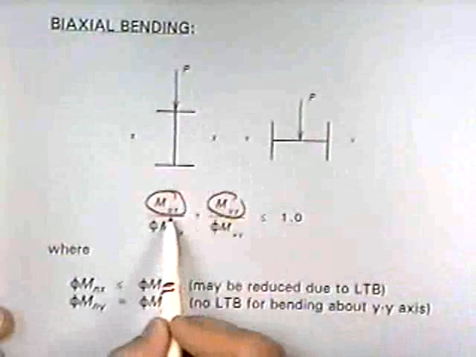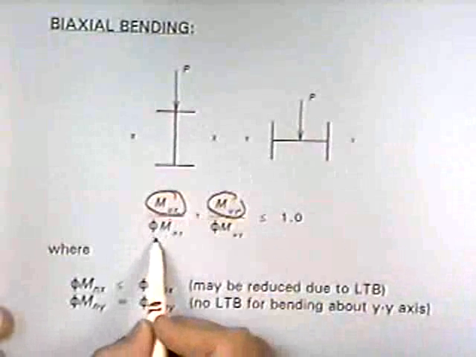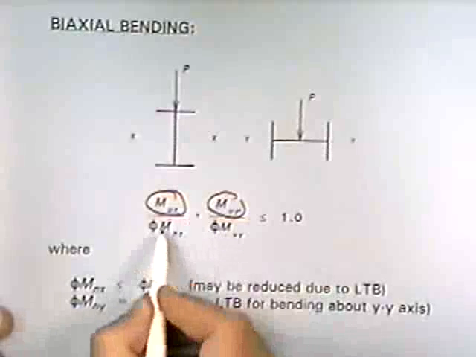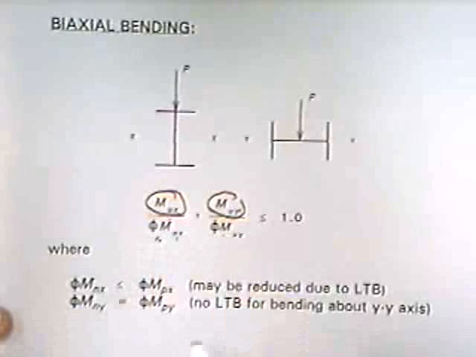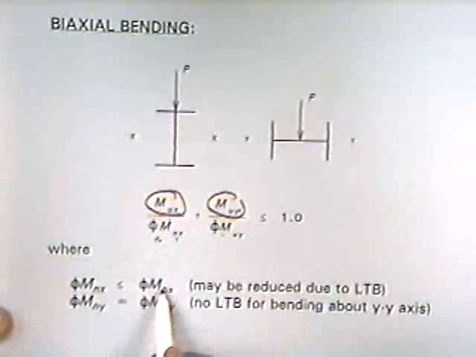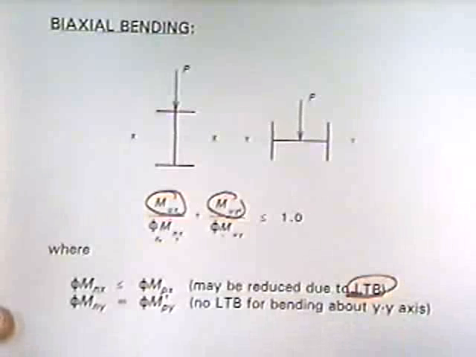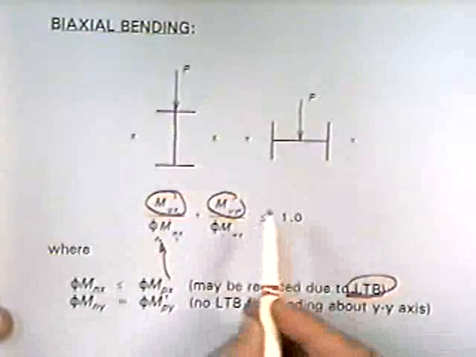You put that for both axes in the numerator, and then divide that by the strength, and put that in the denominator, where the strength in the x-axis may be equal to the plastic moment, or phi M sub p x, but it may be reduced by lateral torsional buckling. So you'd have to go back to the beam charts to find that and put it in here.